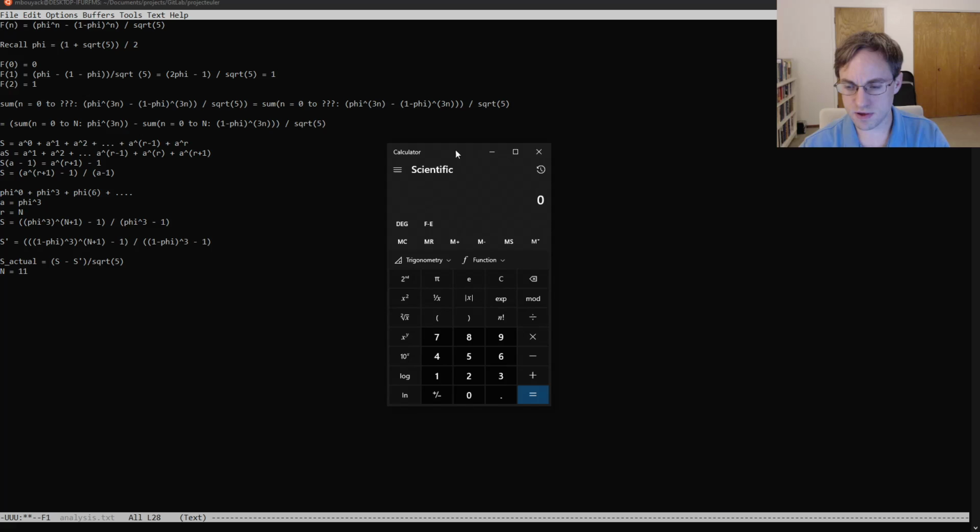All right, so let's start off here. We'll be very careful entering this in. There's a lot of pieces and parts here. So we're going to say phi cubed to the 12th minus 1 gives us that value, divided by phi cubed minus 1.